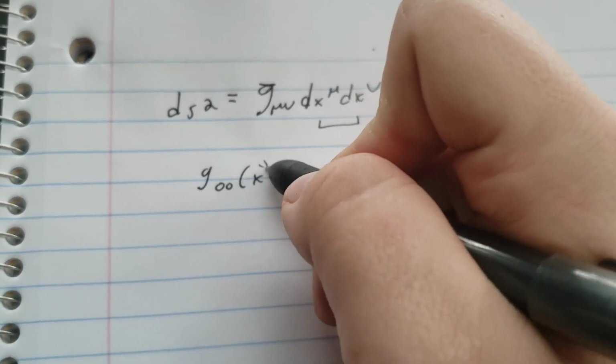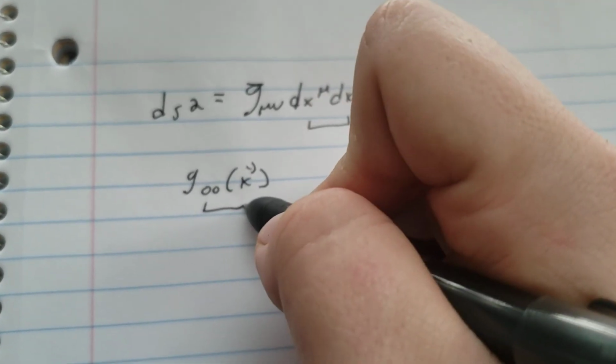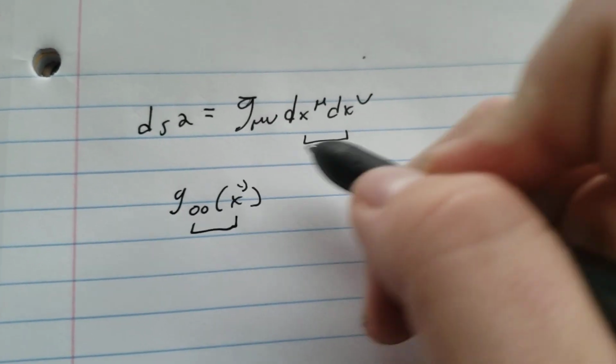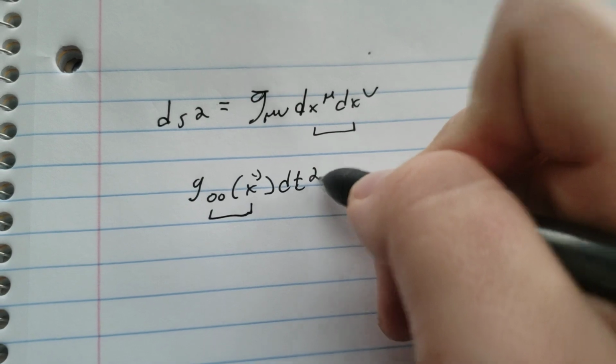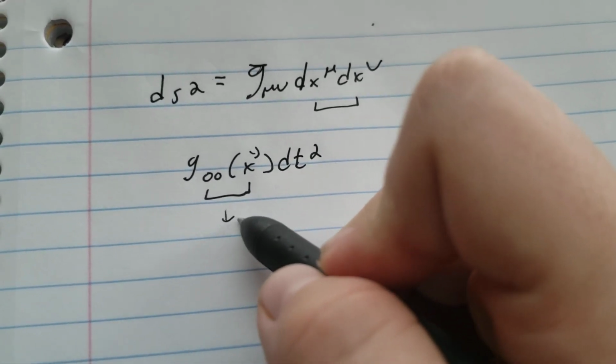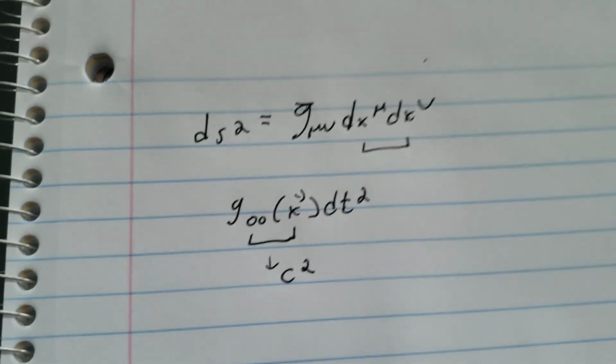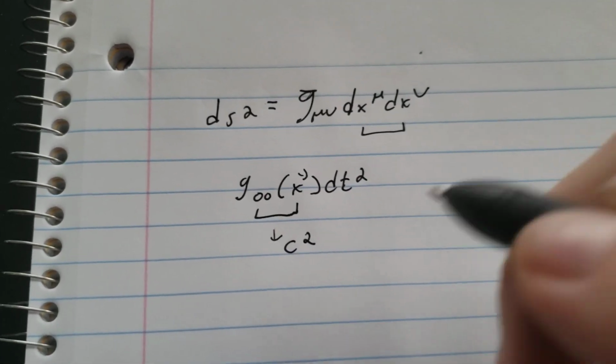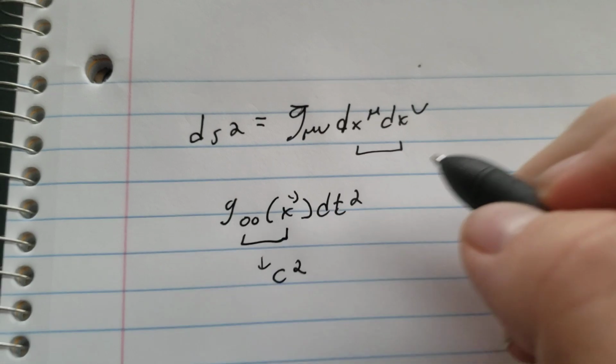So now the metric coefficients become functions, demonstrating curvature, which in flat space will just become c squared as per normal in the plus minus minus minus metric signature.